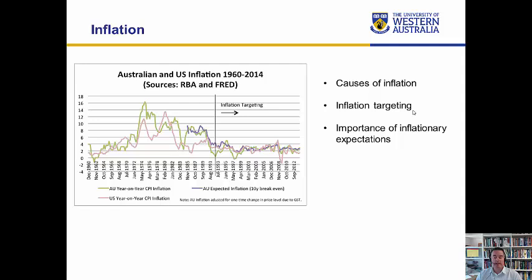But the power of that numerical band, and actually announcing it to the general public, is that it does control inflationary expectations. So once the Reserve Bank, assuming that you have a central bank that is credible and believable, announces this inflation target, it's very difficult for people to believe that inflation is going to be 5, 6, 7%.